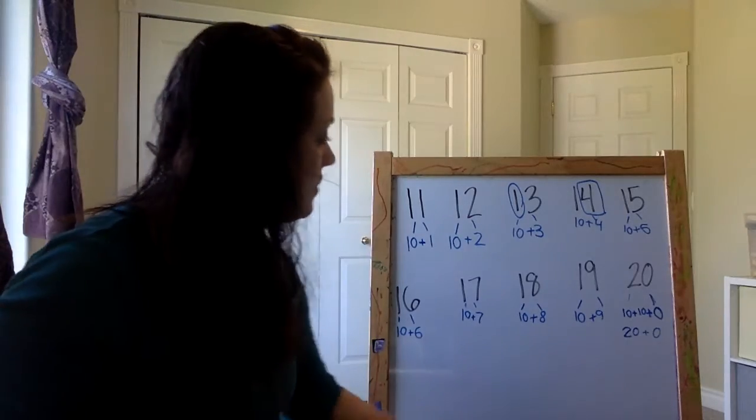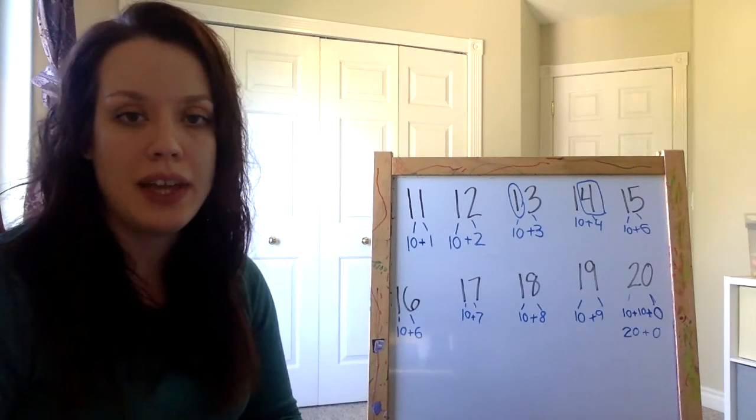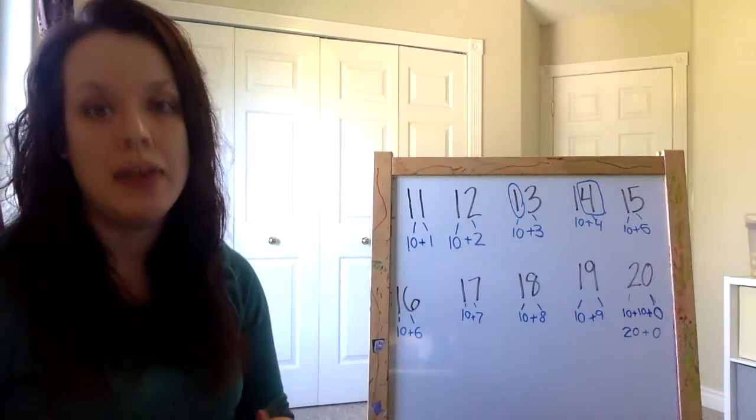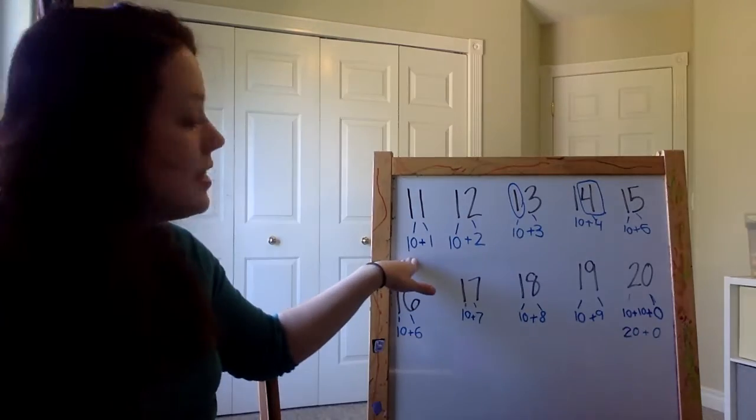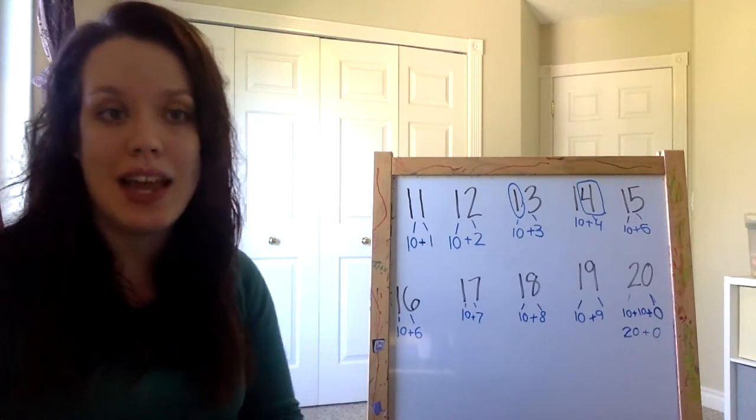All right. Let's go through our teen numbers quickly and just count them the say 10 way. That's the numbers in blue. We're going to practice say 10.